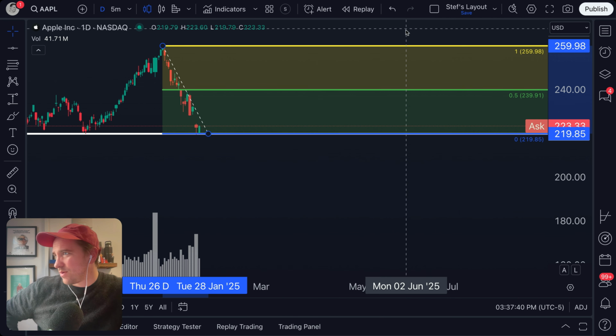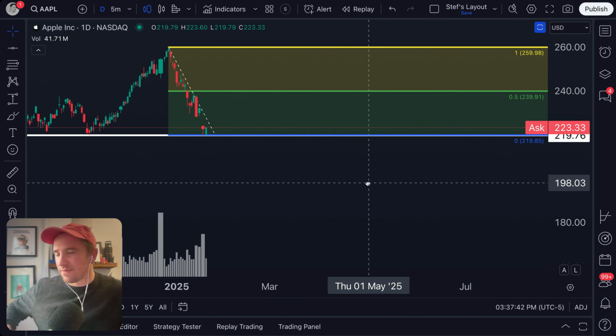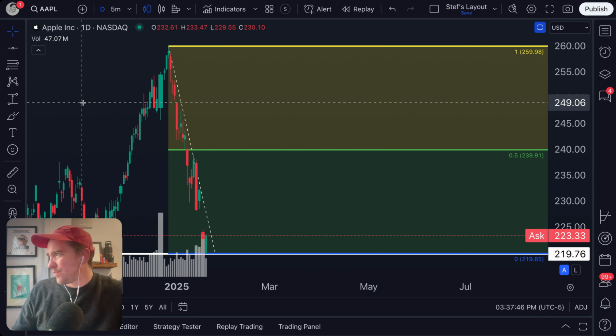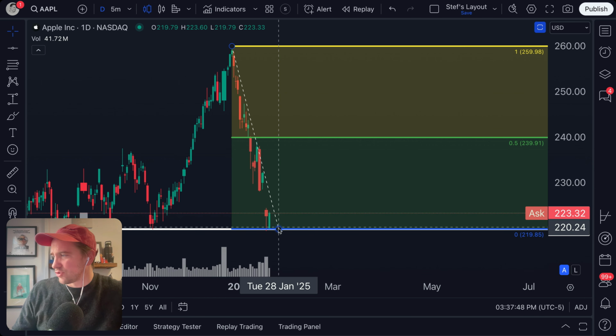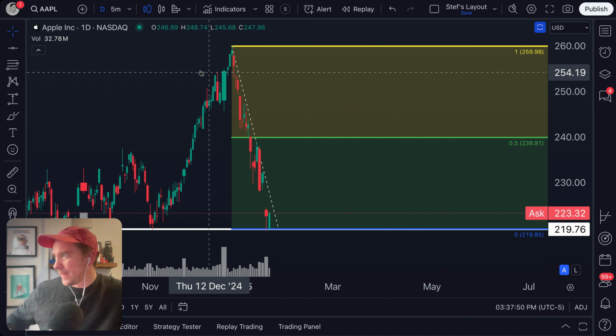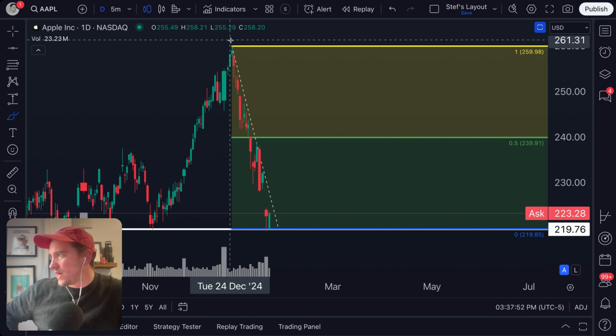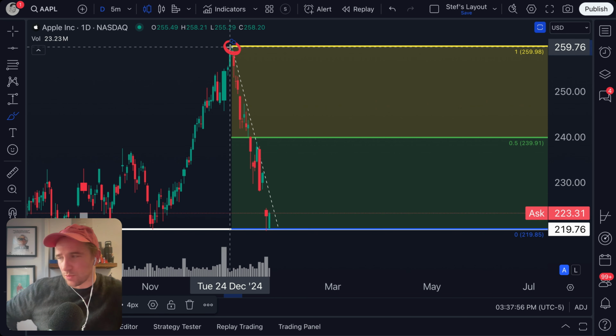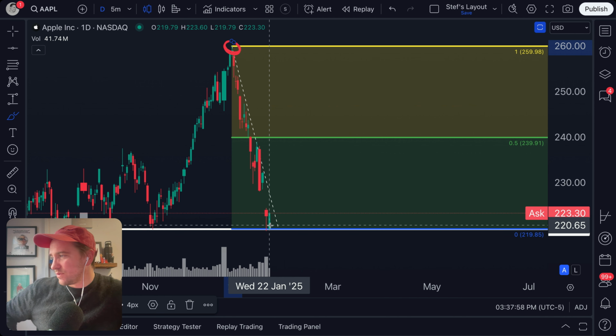This retracement now is just solely, you're looking for a 50% retracement of what's gone on. So this is the chart of Apple. Like I said, you've got this big drop here, assuming this is the bottom. So this is one. Say if you bought here, you'd be whole, you're one again. Down here, if you sold, this is the bottom, it's 0.